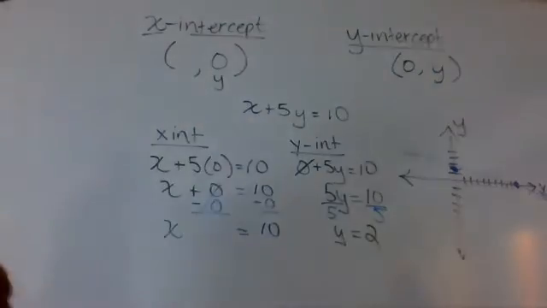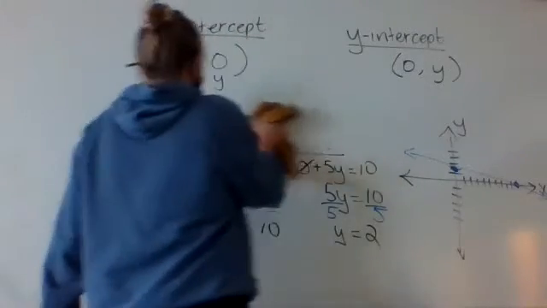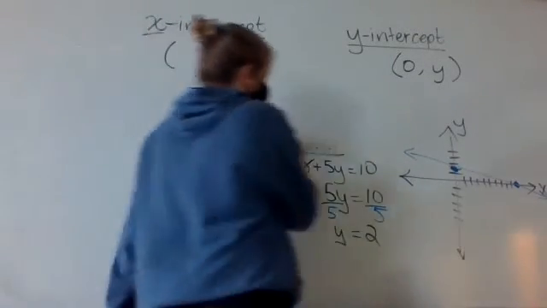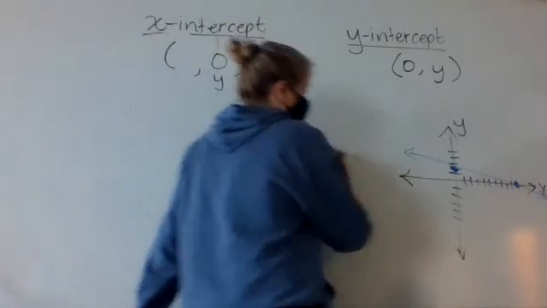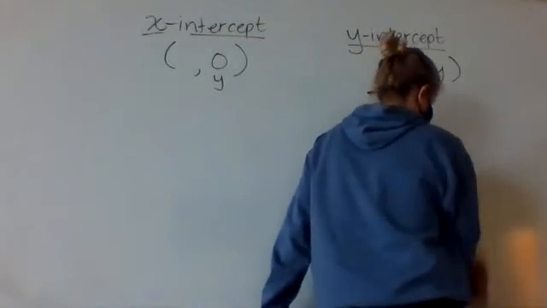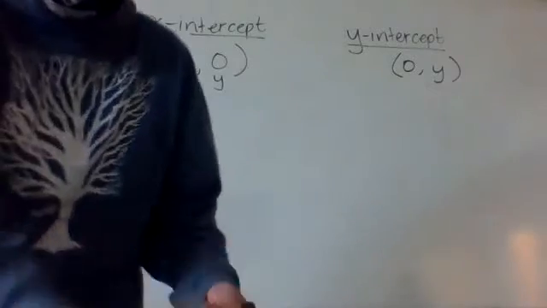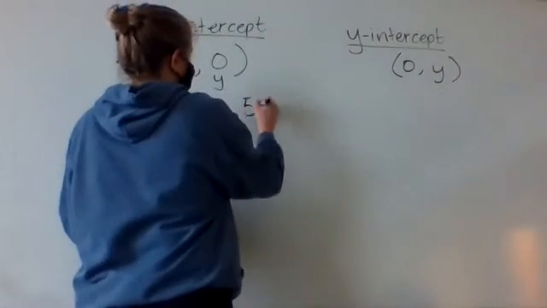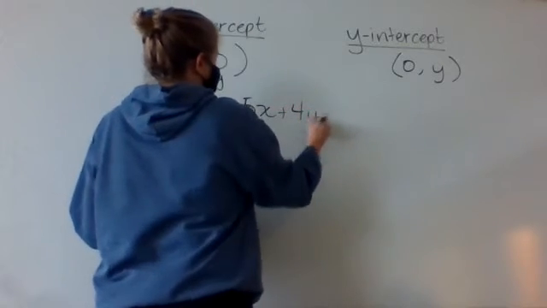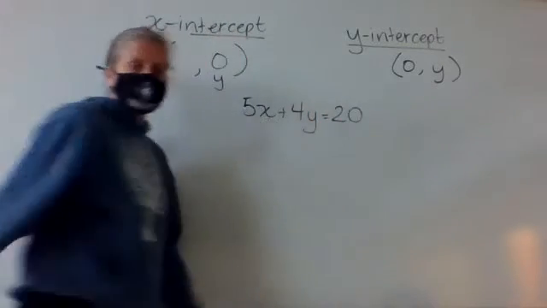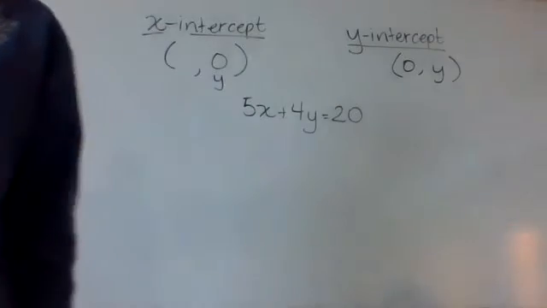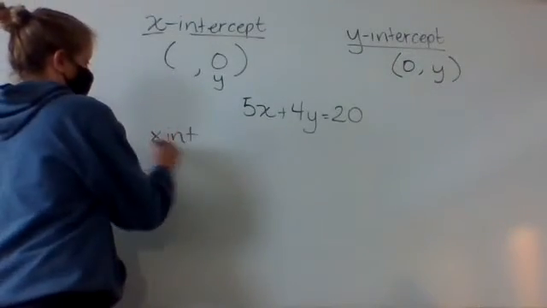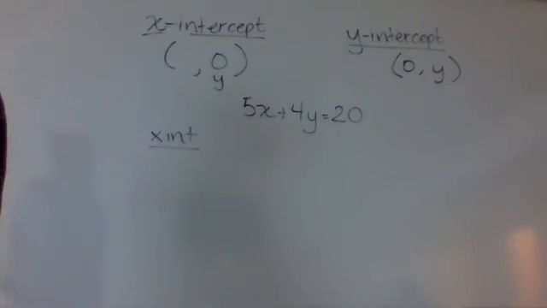All right, looks like there's 2 more like this. 5x plus 4y equals 20. Finding the x-intercept first.